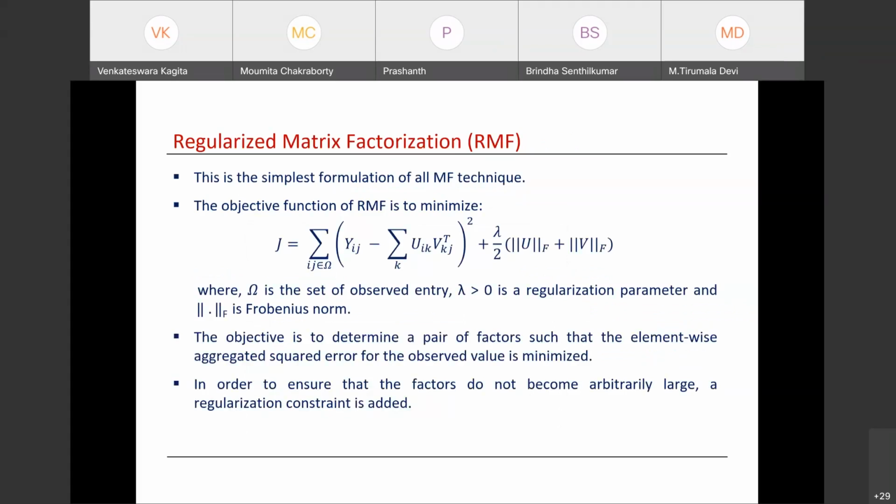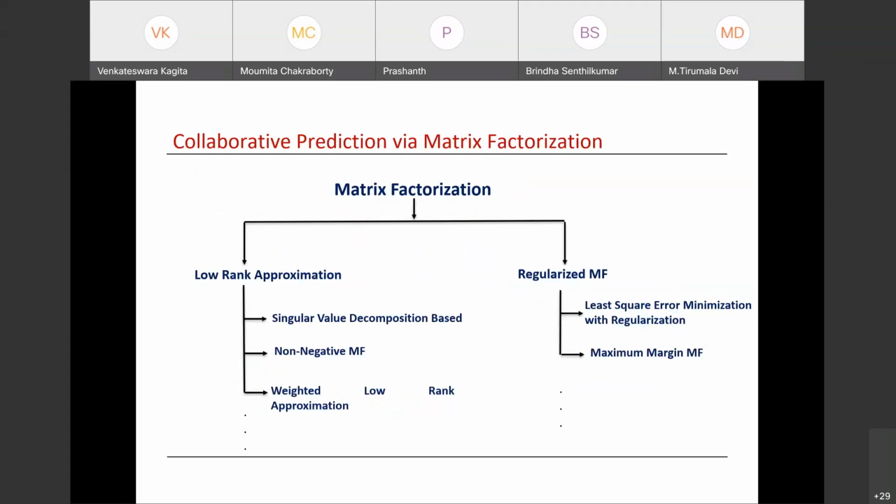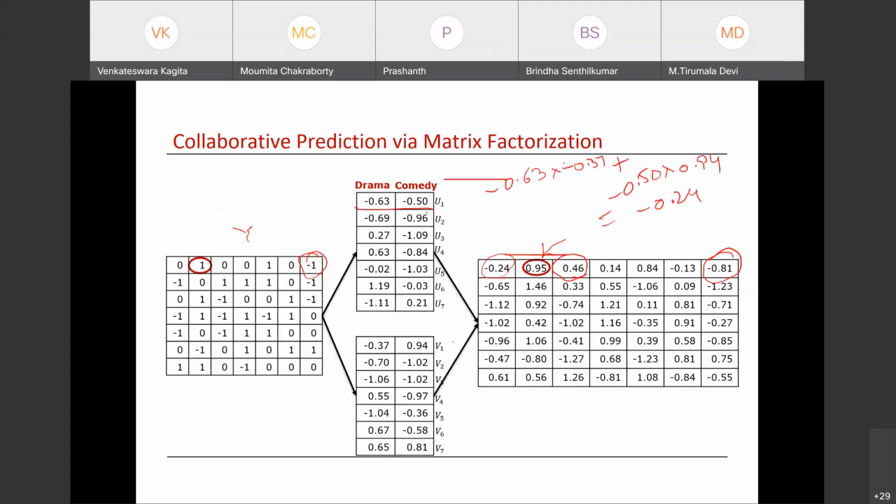So when you multiply u1 and v1 transpose, which means this row and this row, which entry would you get? The Y11 entry, isn't it?